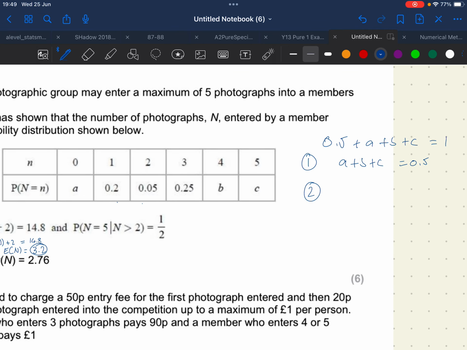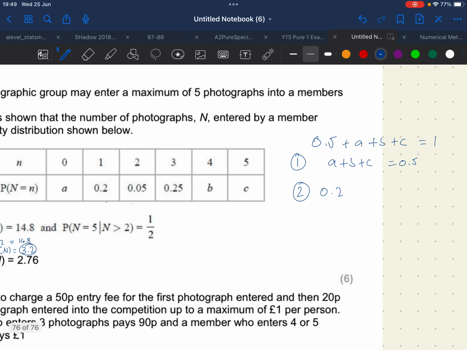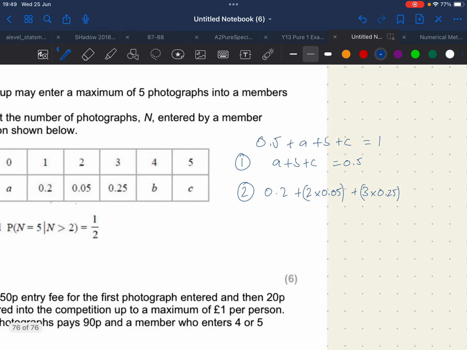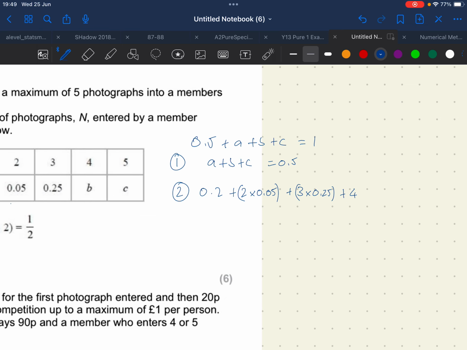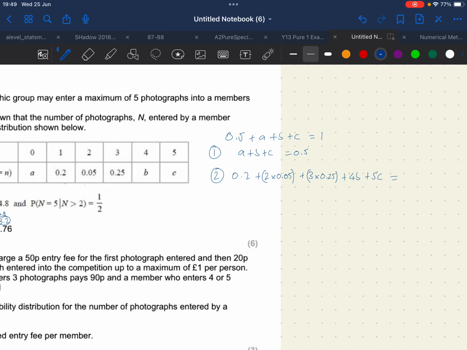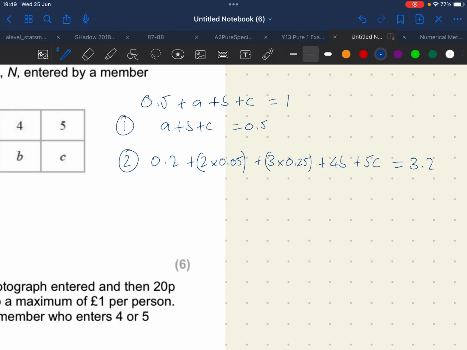Another of our equations is going to be 1 times 0.2, plus 2 times 0.05, plus 3 times 0.25, plus 4b, plus 5c should be equal to 3.2. If we do a little bit of cleaning up, that's a 0.2, that's a 0.1, that's a 0.75.